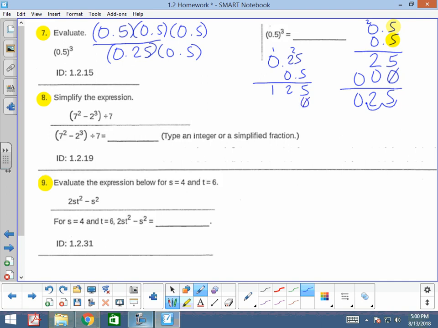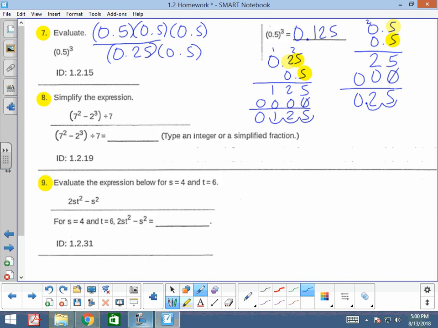Again, if you want to do your zeros, that's fine. I'm not opposed. There are now 3 numbers in the problem to the right of the decimal. So that means I'm going to move my decimal to the left 3 times. So my answer is 0.125.